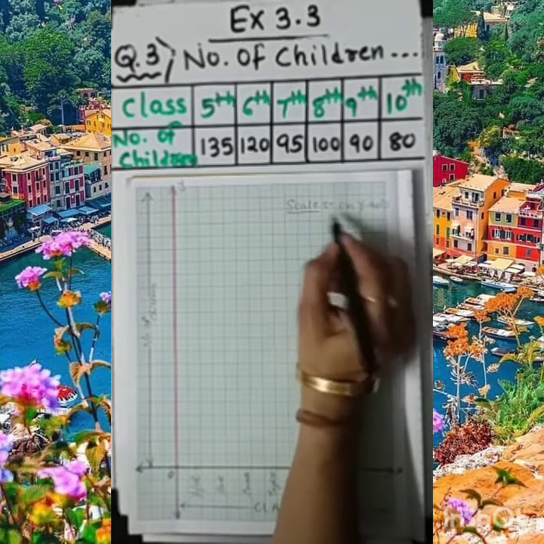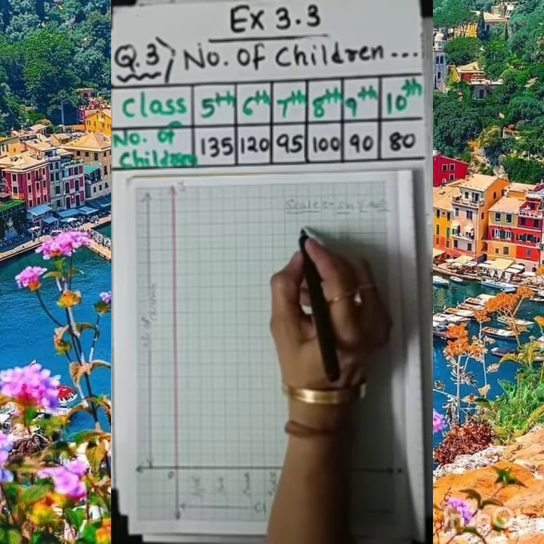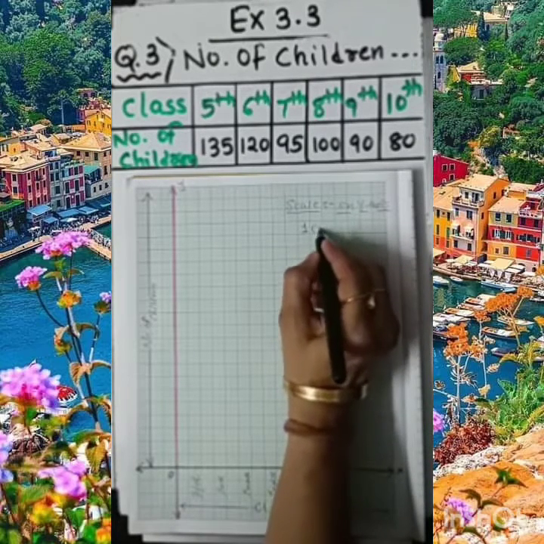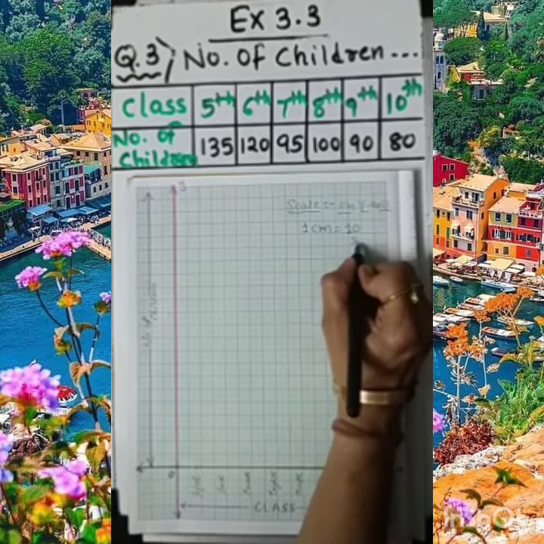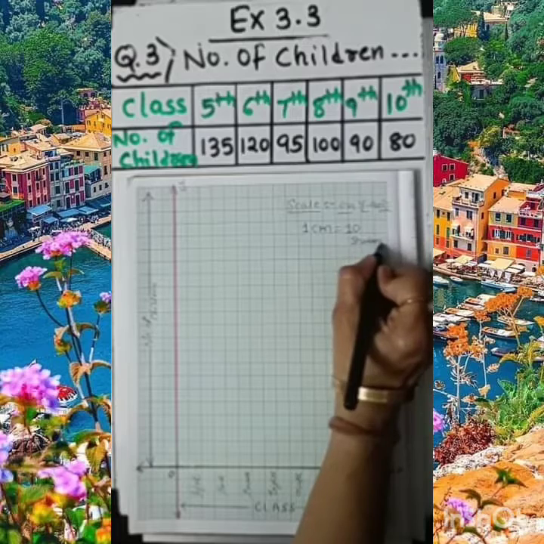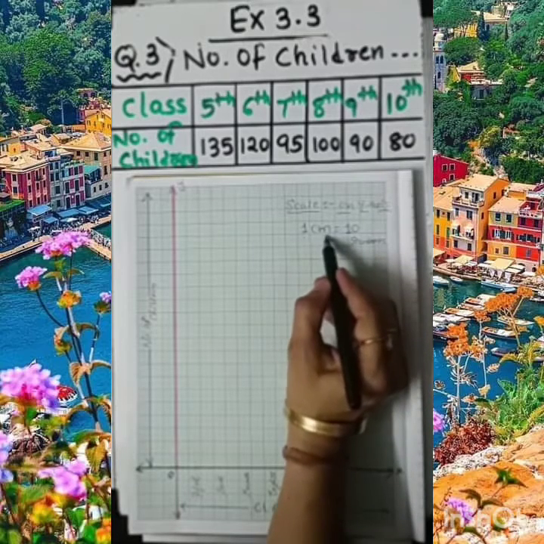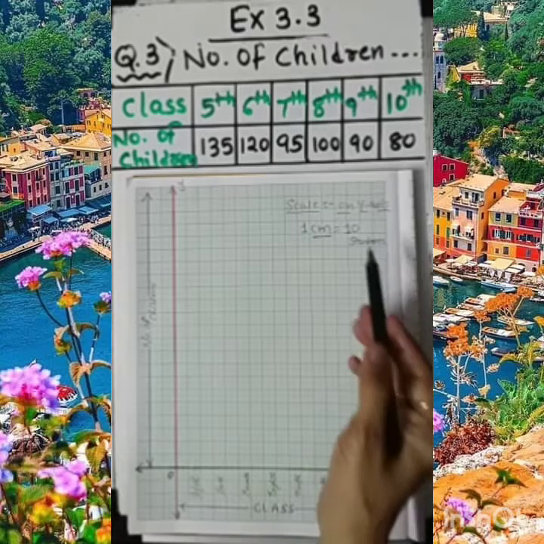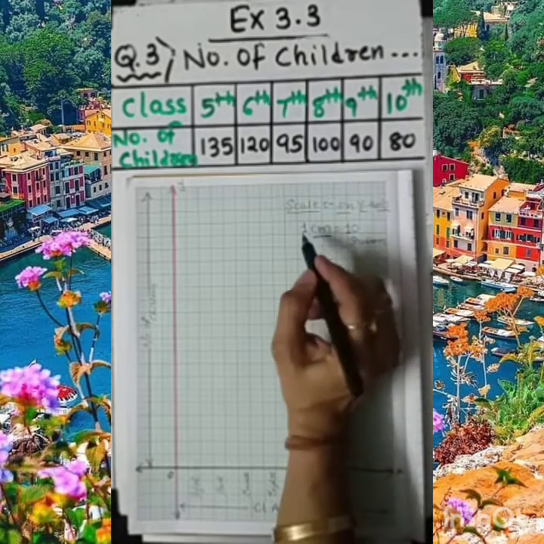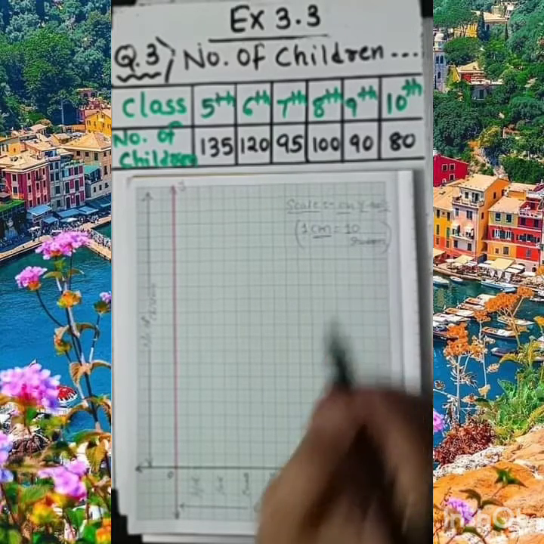The scale on the y-axis that we are choosing is 1 centimeter equal to 10 students, or 1 unit also. In place of centimeter, you can use unit also. 1 unit equal to 10 students. This is the scale which we are going to use for this.